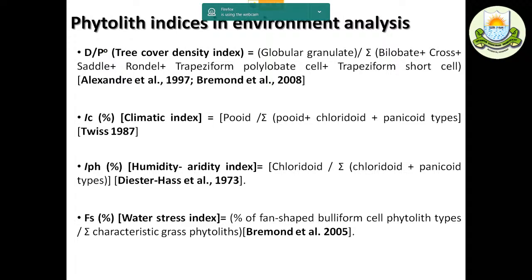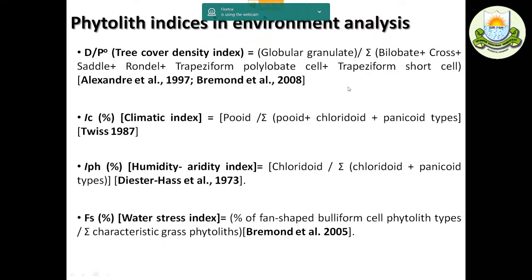Here, for environment analysis, we will focus only on the short cell phytolith morphotypes, generally produced by grasses, and some non-grass also. For example, it is D by P. This is the D by P or tree cover density index, originally proposed by Alexandre et al., and Bremond et al. just revised this later on. This is the proportion of the globular granulate and other short cell morphotypes produced by the grasses.